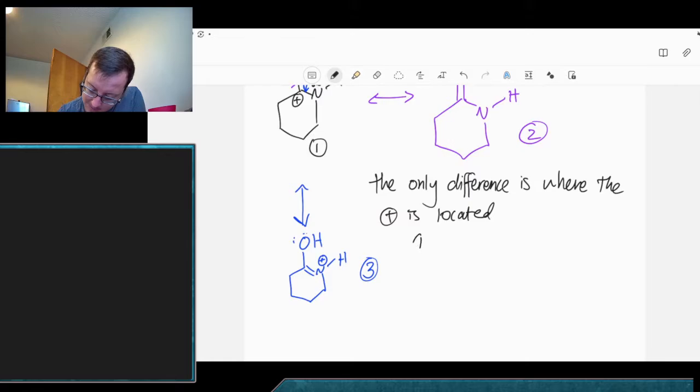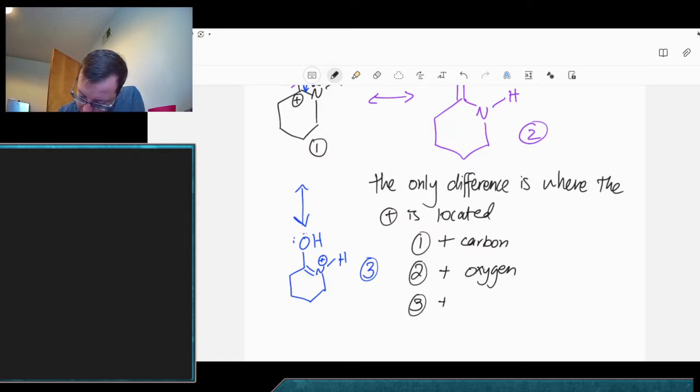So 1 is a positive carbon. Number 2 is a positive oxygen. And 3 is a positive nitrogen. And so if we're trying to think which of these is going to be the best one, what are we thinking?